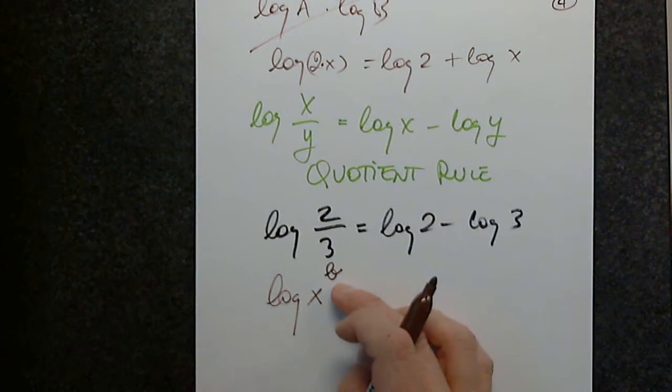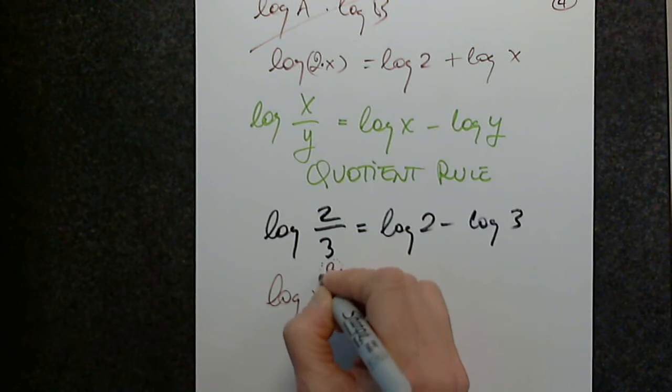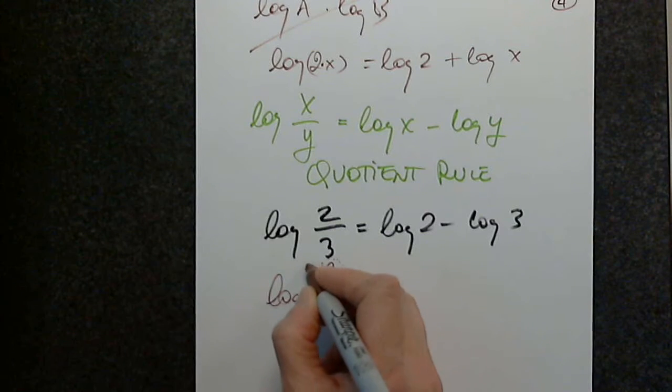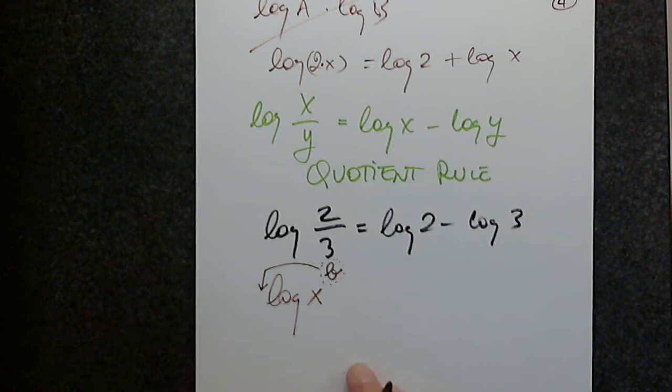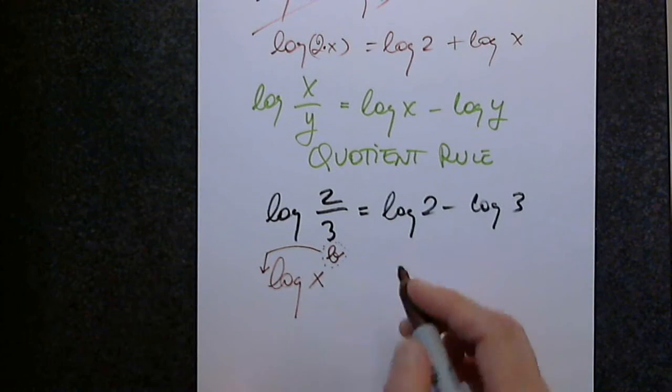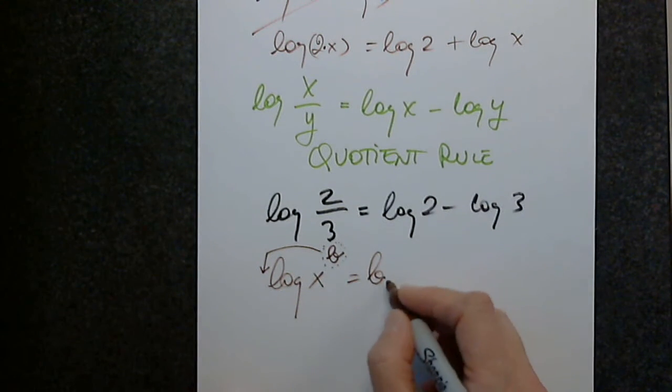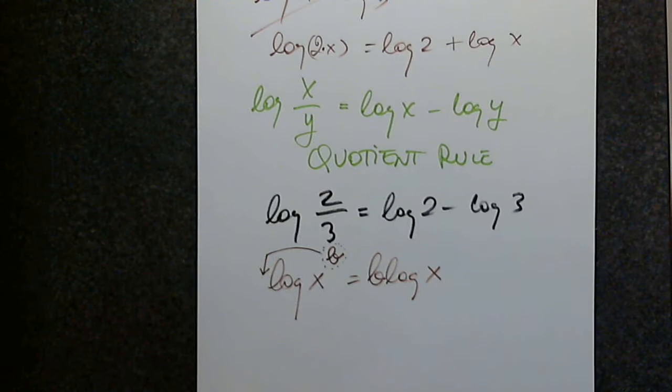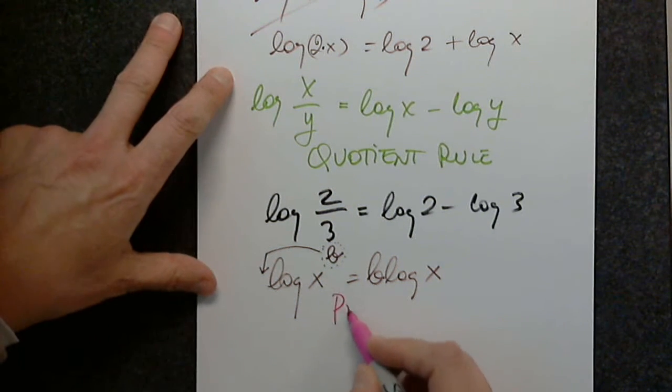X raised to a power. Here's what happens. This piece, the power itself, goes in front as a factor. When we say a factor, it means it multiplies log. So this is b times log x. Very helpful and very good property to remember. Of course, this is the power rule.